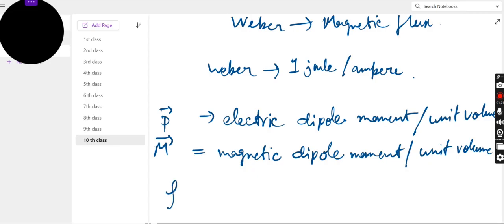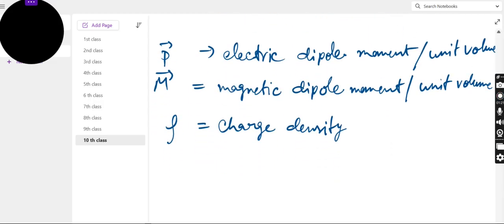So there is another one, free charge density, or you can say charge density. The charge density is in units of coulombs per meter cube.